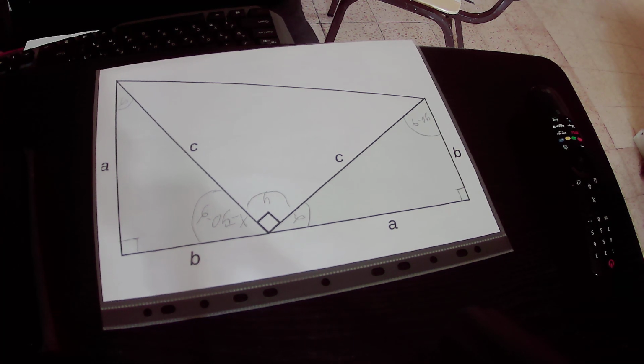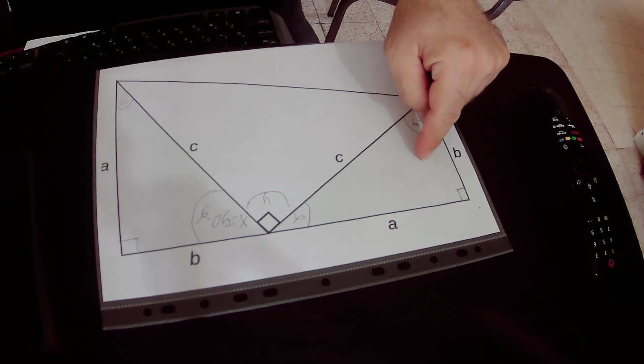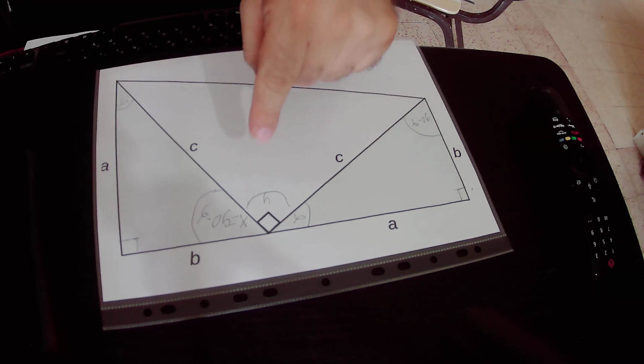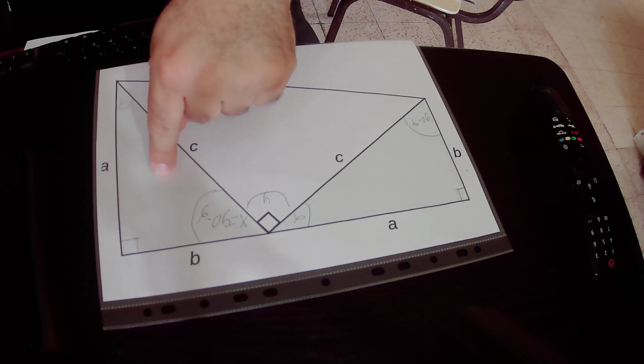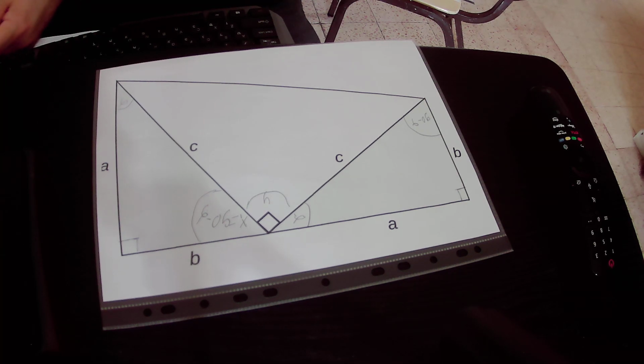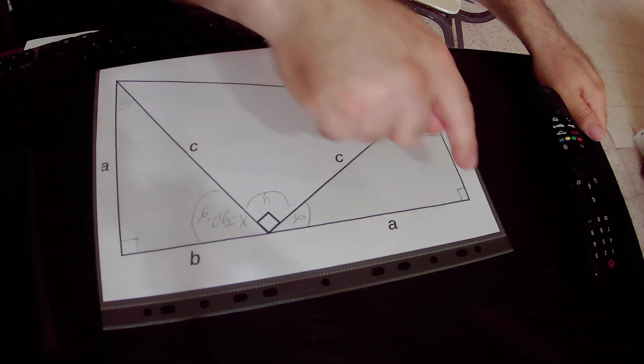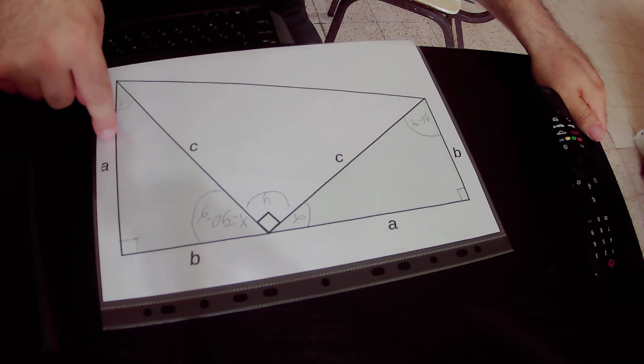Okay, so therefore the triangle ABC on the right side coincides with triangle ABC on the left side according to the rule of side, angle, side.